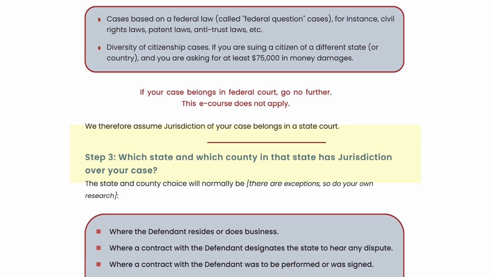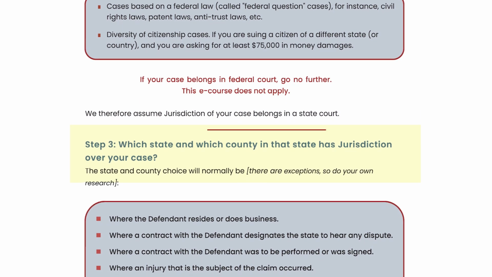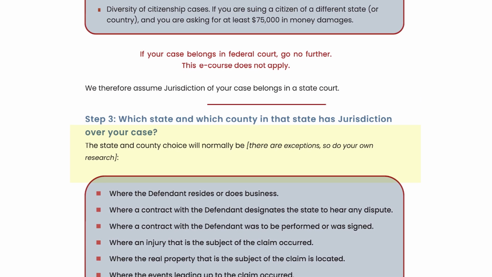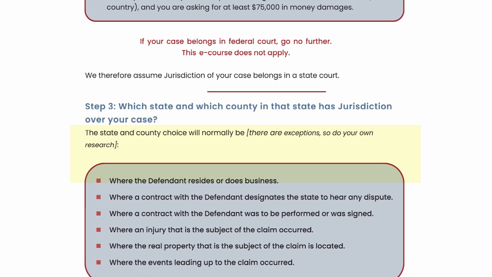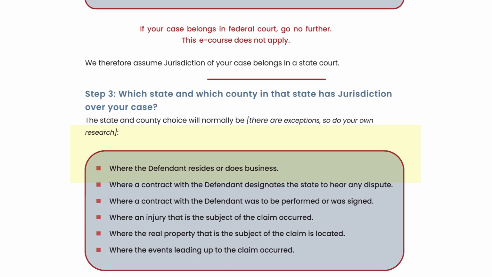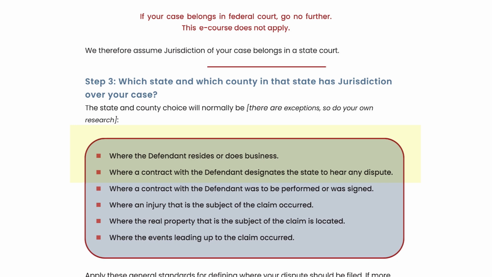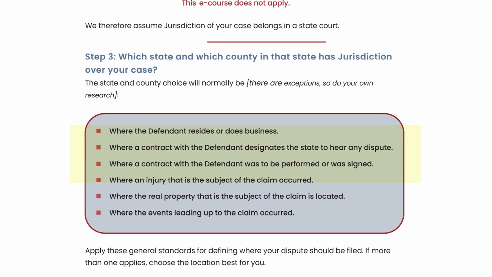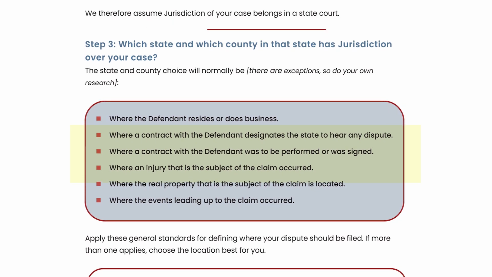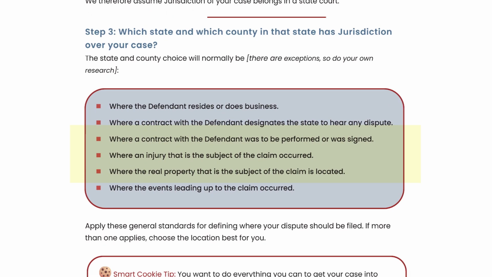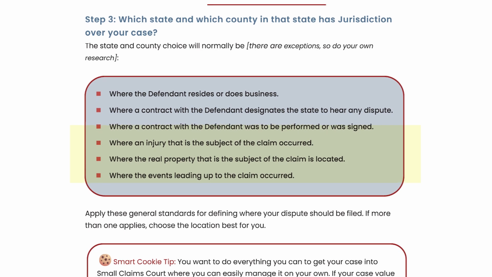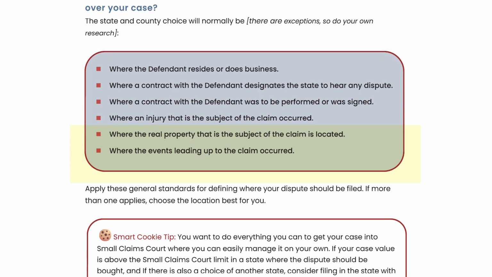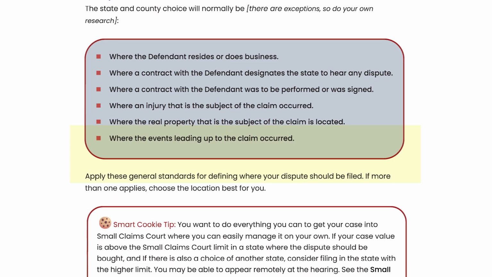Step 3. Which state and which county in that state has jurisdiction over your case? The state and county choice will normally be, there are exceptions, so do your own research: where the defendant resides or does business; where a contract with the defendant designates the state to hear any dispute; where a contract with the defendant was to be performed or was signed; where an injury that is the subject of the claim occurred; where the real property that is the subject of the claim is located; where the events leading up to the claim occurred.